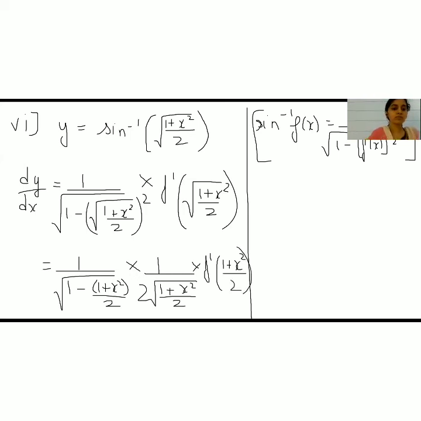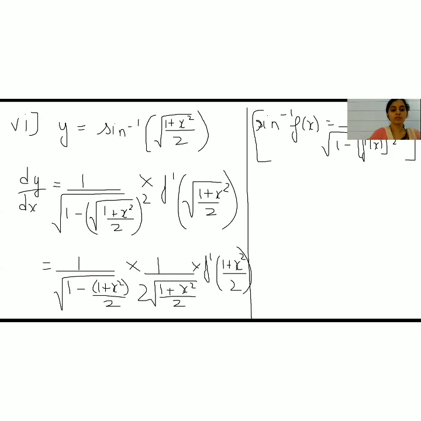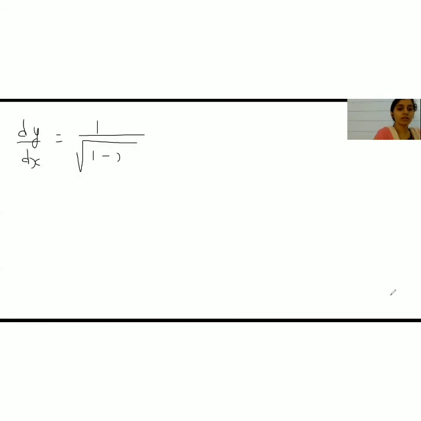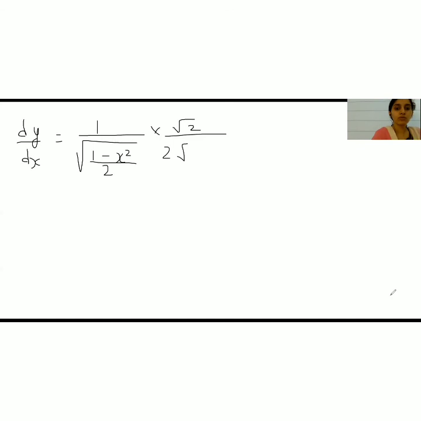Let us simplify this. dy by dx is equal to 1 upon under root of, now we'll take the LCM for this term, so we get 2 minus 1 minus x square, so this will be 1 minus x square divided by 2, multiplied by 1 upon 2 root of 1 plus x square upon 2. I'll put the root sign up, so we'll get root 2 divided by 2 root of 1 plus x square, multiplied by half, which is a constant, and the derivative of 1 plus x square is 2x.